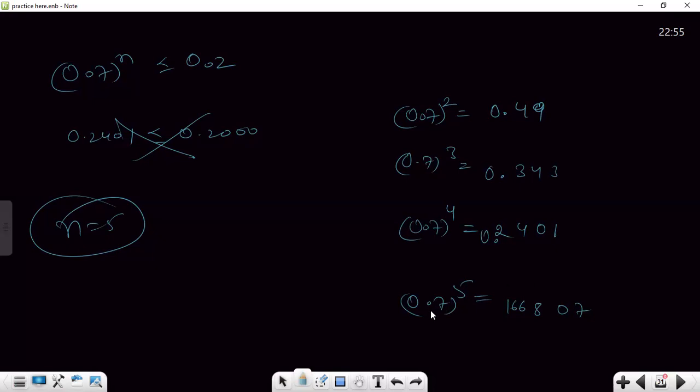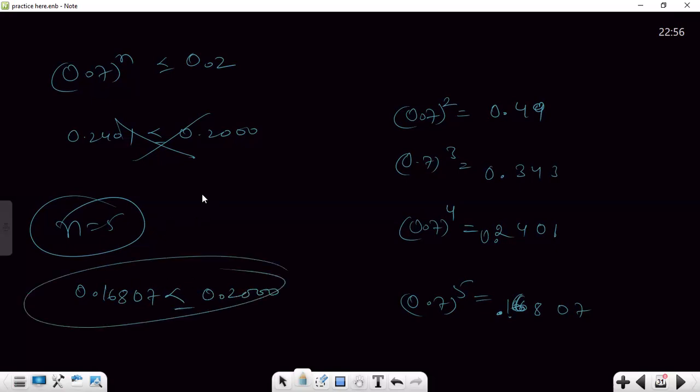I am very sure that we are making a mistake. 7 into 1, 7 into 4 is 28, 2 carries, there should be 1 6 8 0 7. So 0.16807 is less than 0.2000.